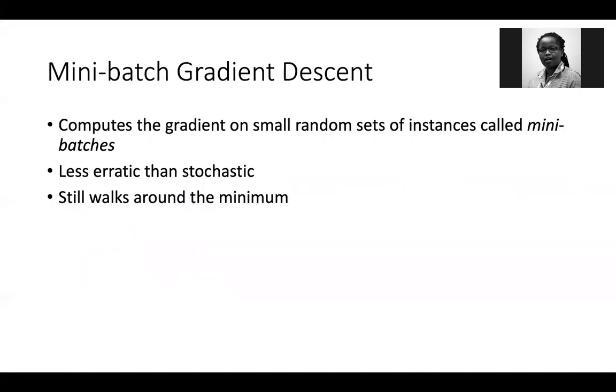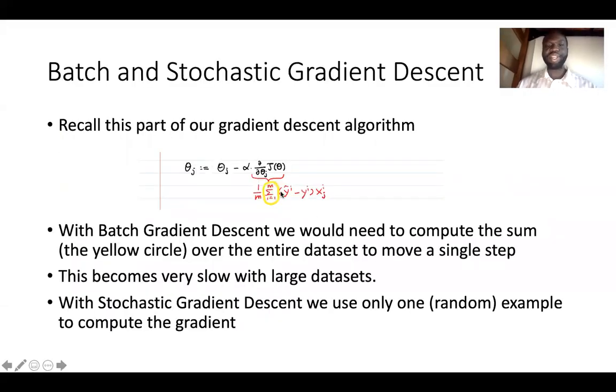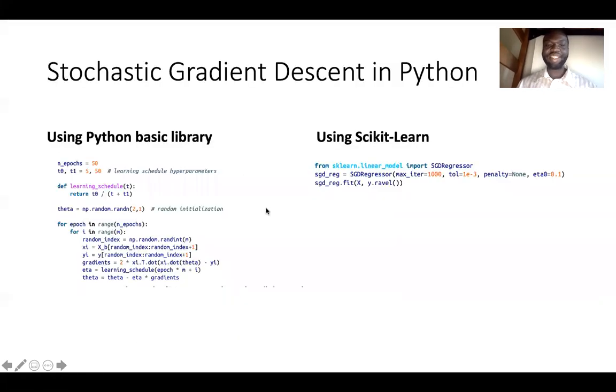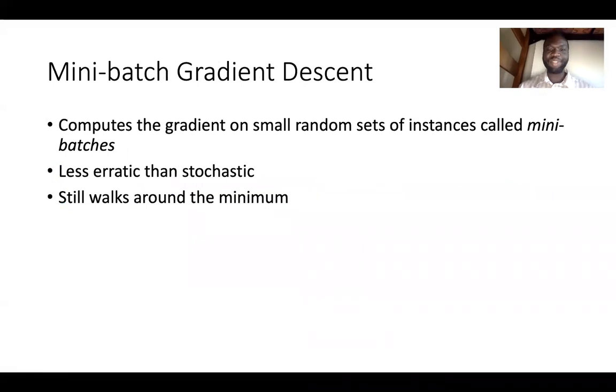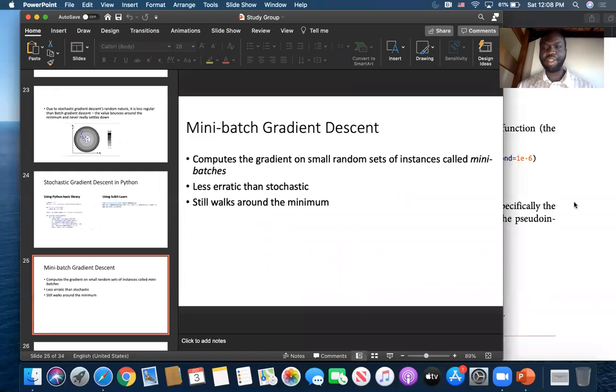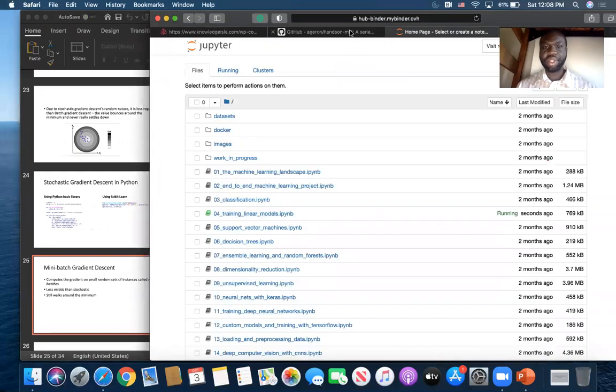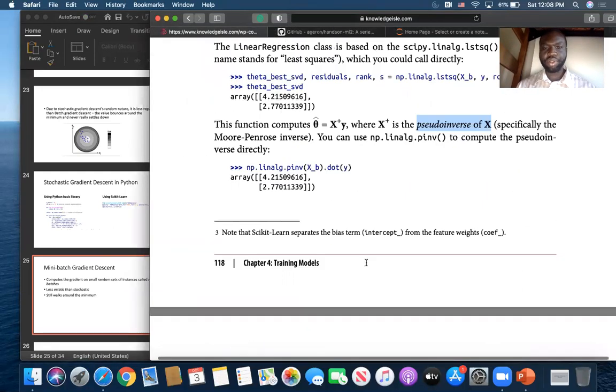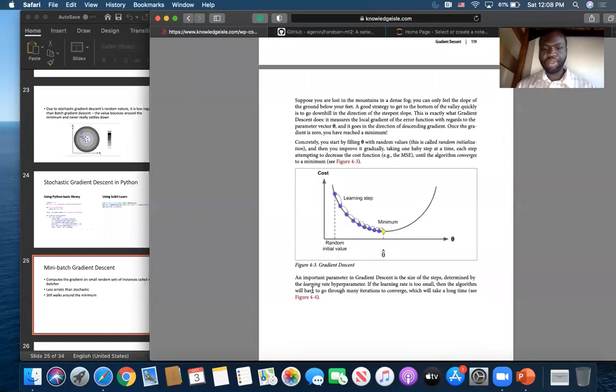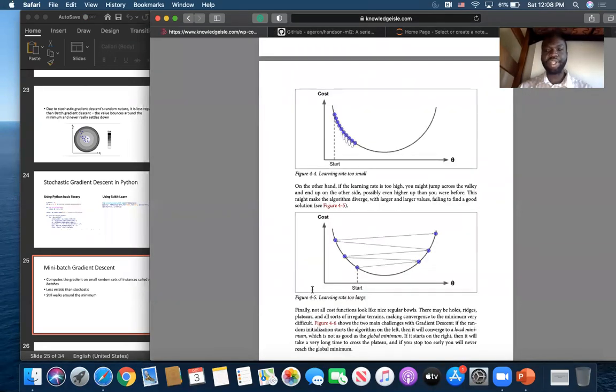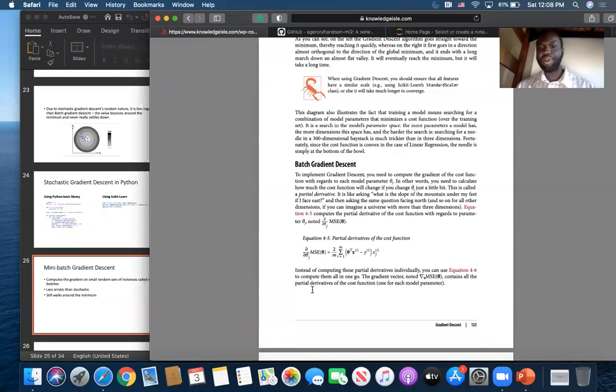Okay. So mini batch gradient descent. These two are extremes: you use either all 3 million or just one. Mini batch finds some leeway in between.